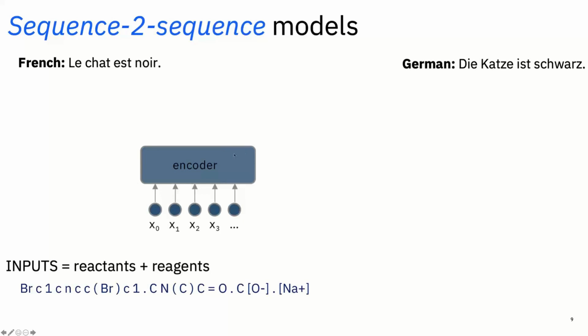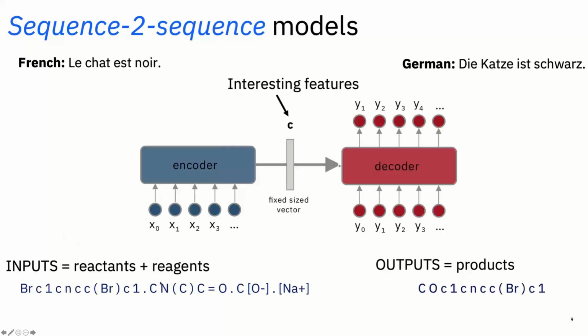On one side, we have an encoder that takes the different input tokens, so in our case, in chemical reactions, atoms, one by one, encodes them and computes the most interesting features from this sequence of atoms. And then on the other side, we have a decoder that, given this context vector here, produces atom by atom the product until it predicts an end token. And then we know that the molecule is complete.